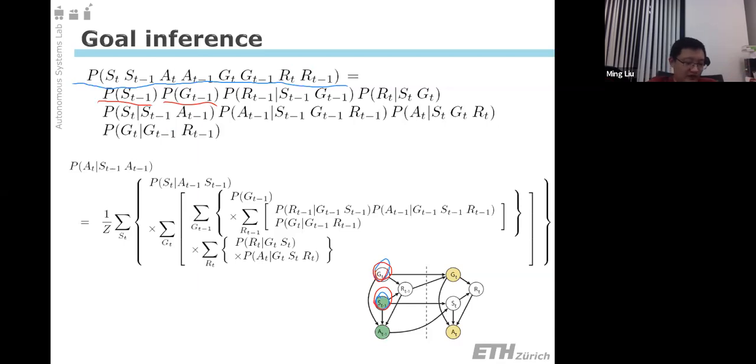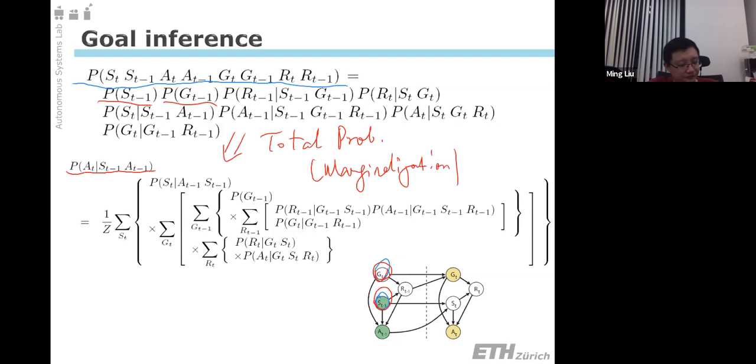So then the inference of the action is by what process? The total probability. You sum out over all these states you don't have information about, or you don't care about, and then normalize across the evidence.